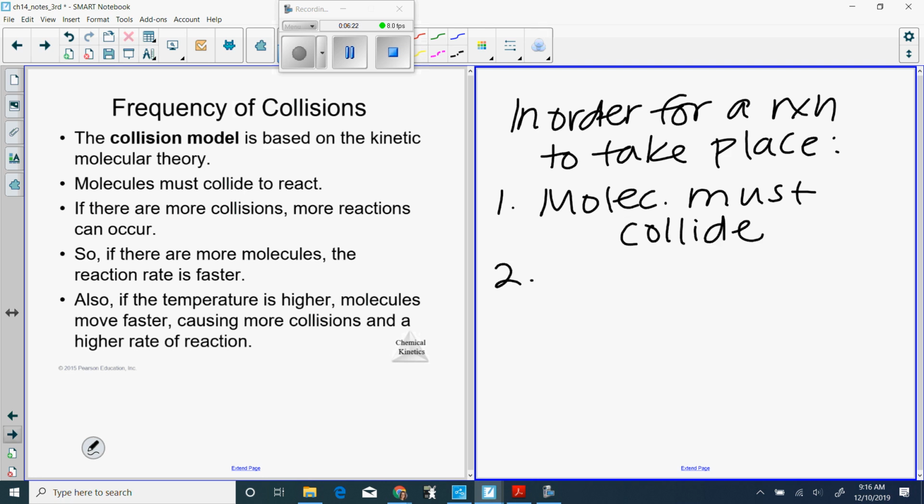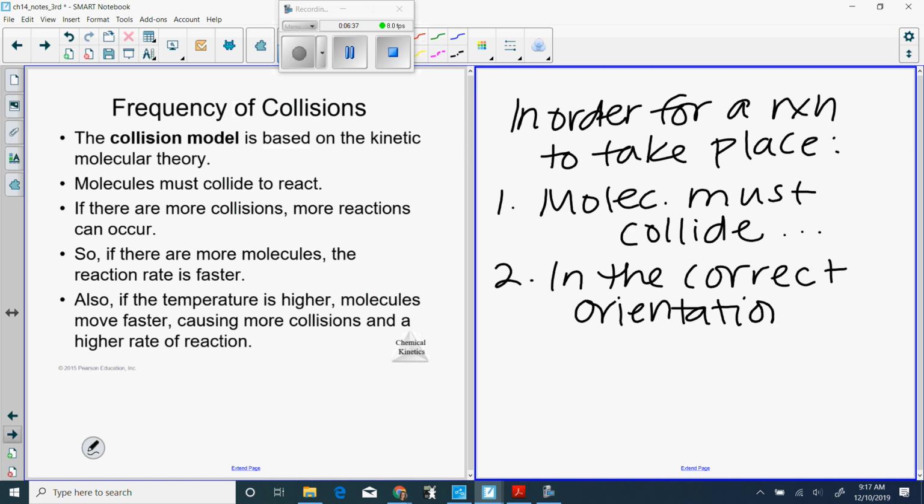Two, in the correct orientation. That's where our colors are going to come in today. We're going to draw some pictures.